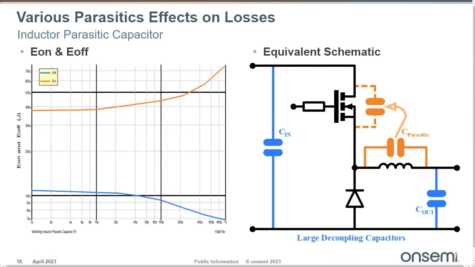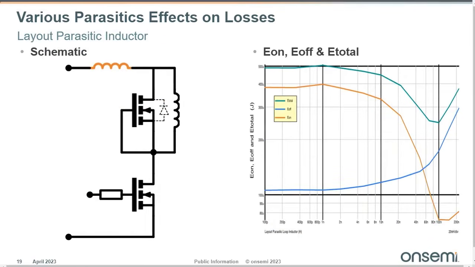Next slide. We have also taken into account the layout parasitic inductance. We all know as switching power experts that it's better to reduce the loop inductance, and this is why here we see that if we increase the loop inductance, the Eon decreases, but the Eoff increases, and we can see that there's an optimum here.